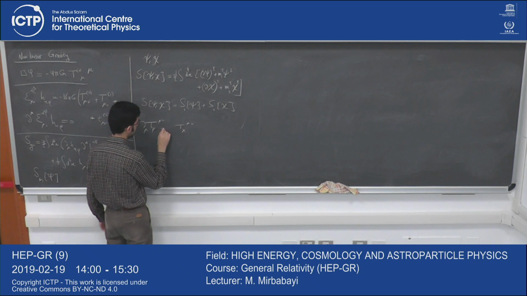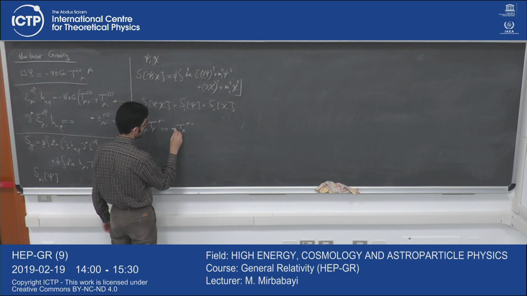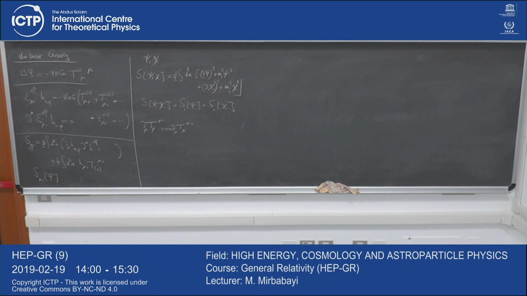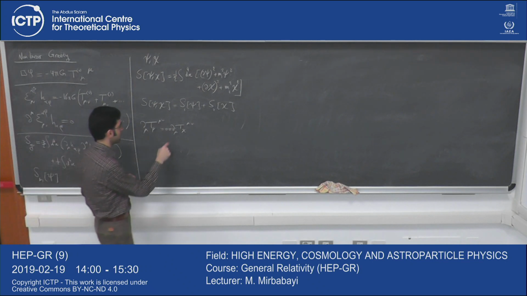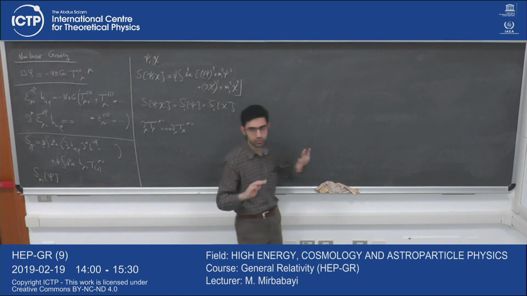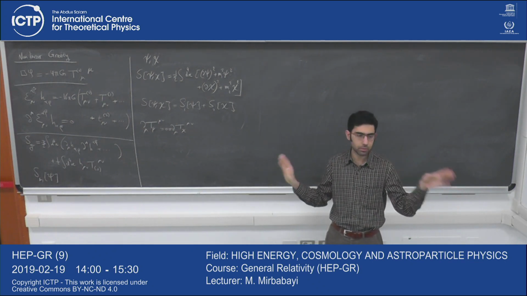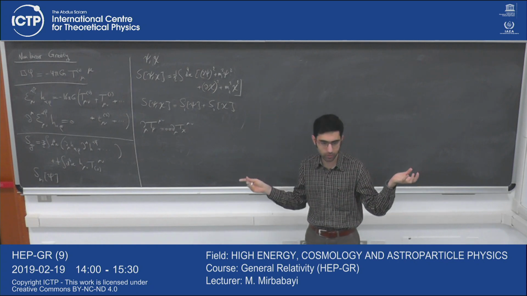So ∂_μ of this is equal to 0, and also ∂_μ of the other, which is not surprising. If we have systems which are decoupled from each other, they separately conserve energy and momentum.